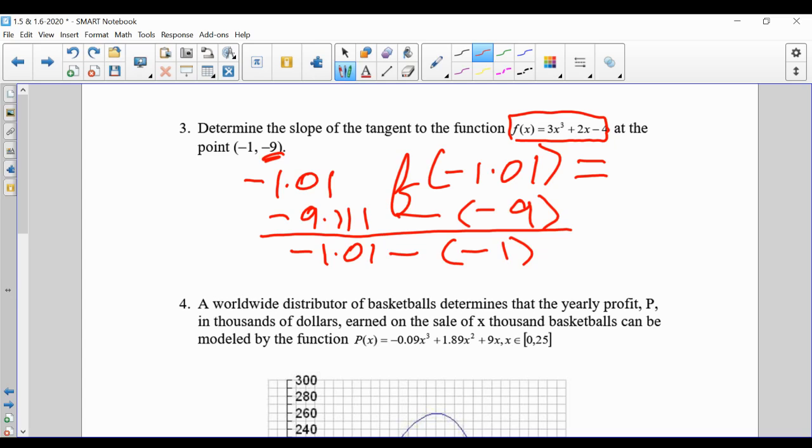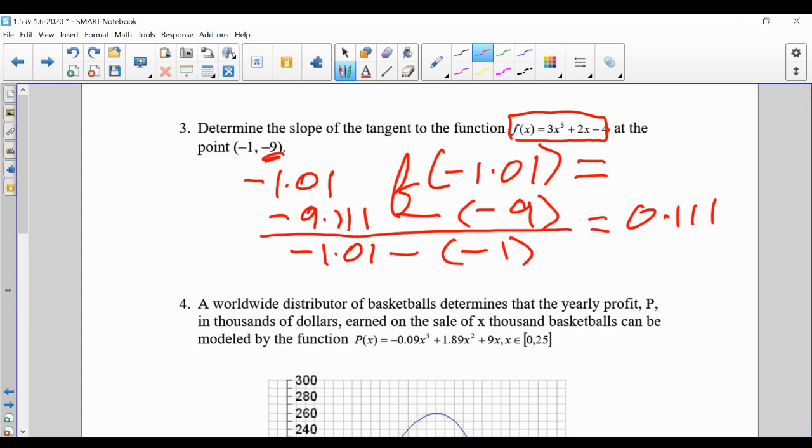So I have minus 9.111, and then I'm actually adding on 9 because I'm minusing a minus. So I'm getting from that minus 0.111 on top. Hopefully everybody has got the same thing.